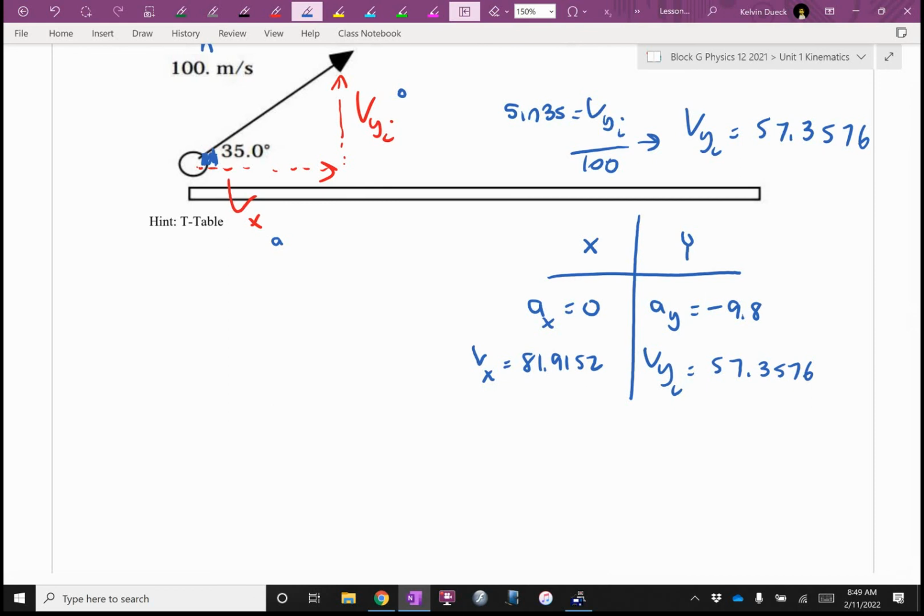I'm going to be really fussy. VYF is 0 because it's still moving sideways. If VF was 0, it would be hovering in place. I'm doing that just to remind you, start to think two-dimensionally all the time here. So, for part A, I can say Vy final equals 0.